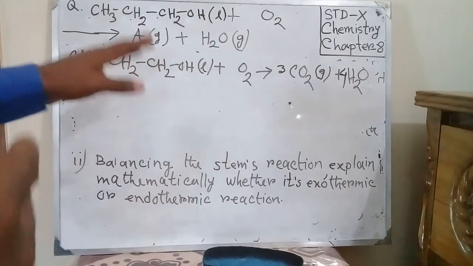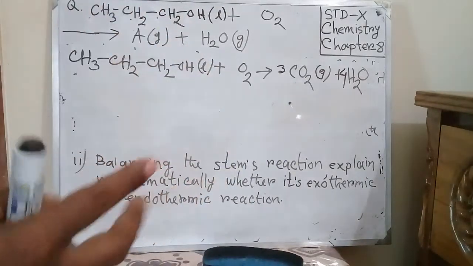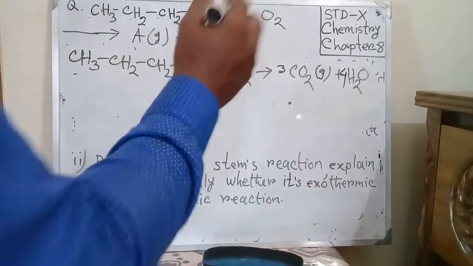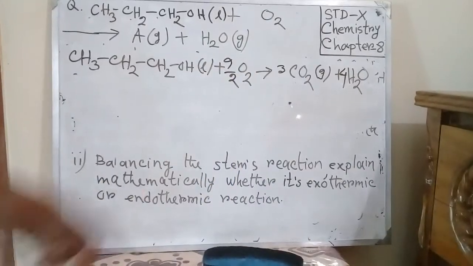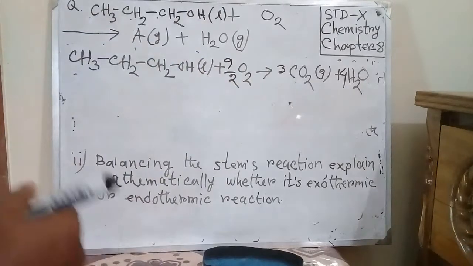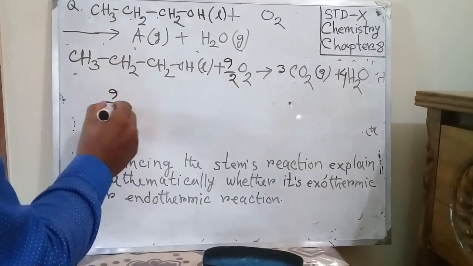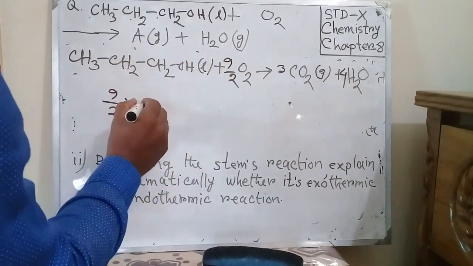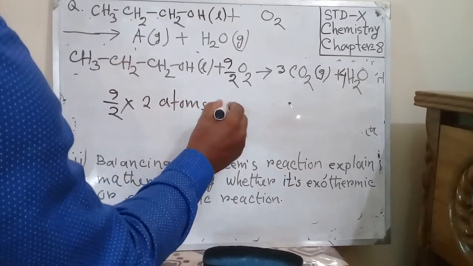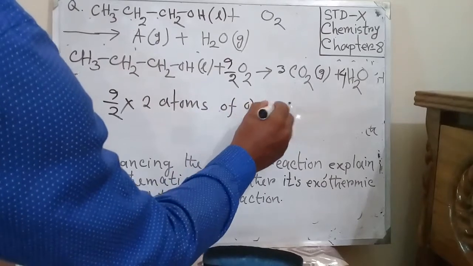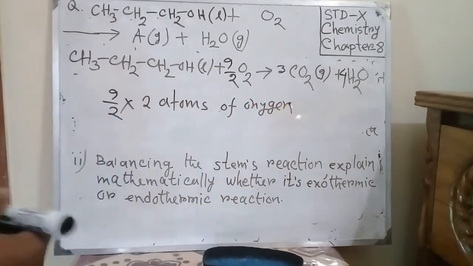But at the left side there are only 3 oxygens. So if I write 9 divided by 2 here, then it will be balanced. How? Look, 9 divided by 2 into 2 atoms of oxygen per molecule.